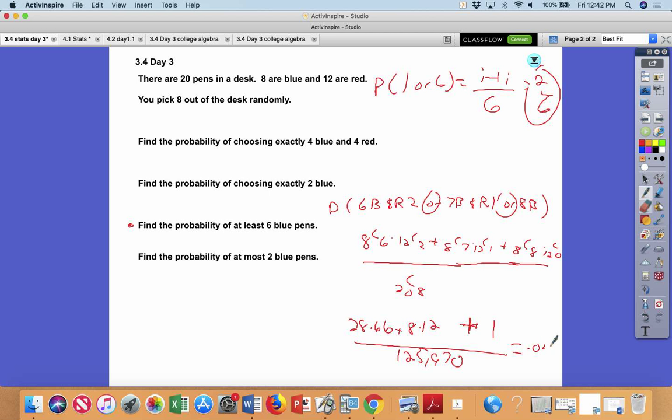So that's only about a 1.5% chance. So I'm gonna do one thing here with you.